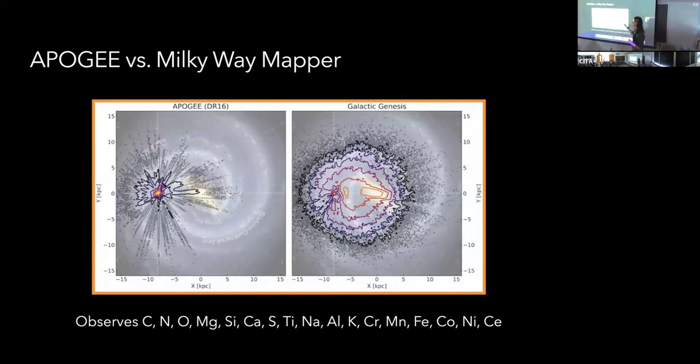So we're increasing the number of stars that are observed by an order of magnitude. We'll have high resolution spectra for these stars, 10 to 15 elements for each of them, along with a lot of orbital information. You can see that the coverage of the inner galaxy especially dramatically increases, and we'll get stars on the far side of the bar and bulge region as well. So really excited for the future with these surveys.